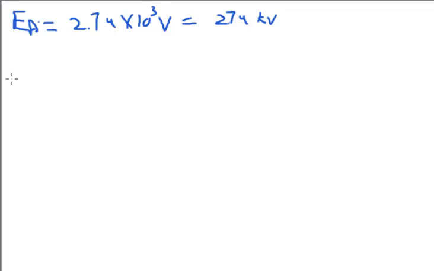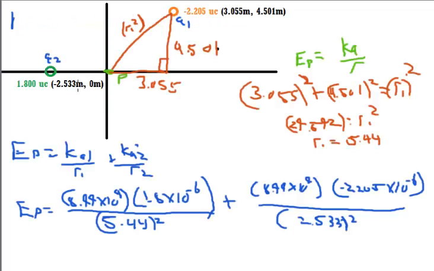The next part asks for the one point on the line connecting these two charges where the potential is 0. Find this point. So what they're saying is that there's a line connecting the 2 points, and somewhere along this line, the potential is 0.